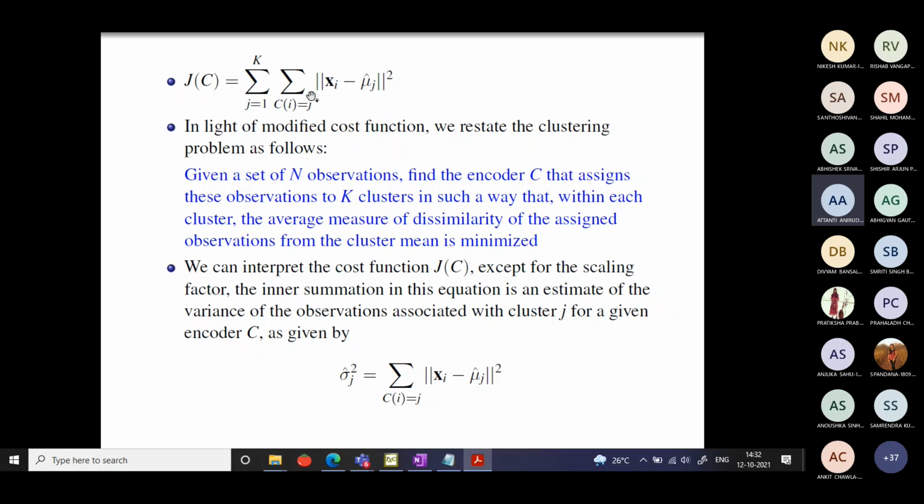The inner summation in this equation is an estimate of the variance of the observations associated with cluster G for a given encoder C. It is nothing but variance, because if you remember the Gaussian formula, exp minus 1 by 2 sigma square and x minus mu square. So basically, this entire part is variance only.